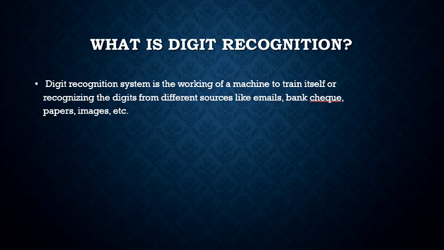So what is digit recognition? Digit recognition is the working of a machine to train itself to recognize digits from different sources like email, bank checks, and paper images, the numbers 0 to 9. Handwritten digits are not always the same size, width, or orientation, so they differ from one person to another.